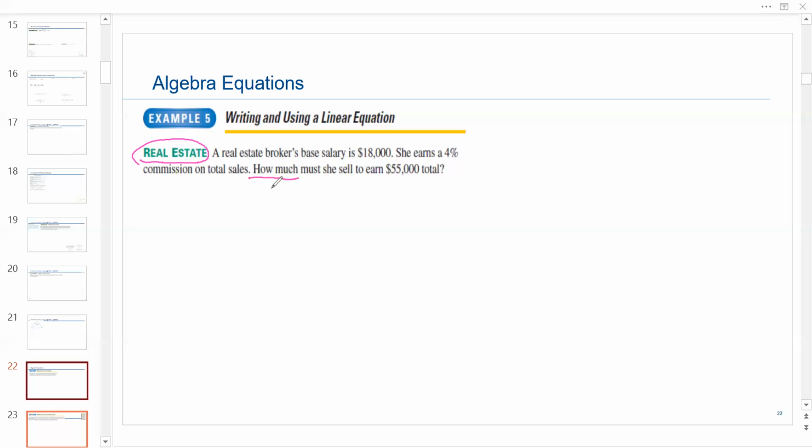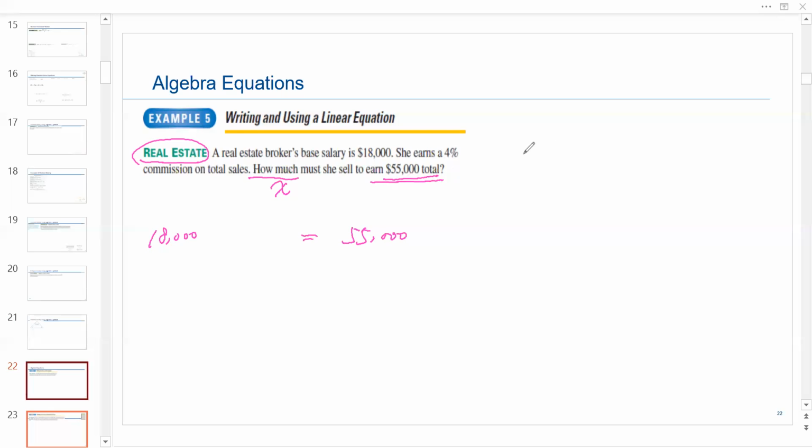So how much she must sell is the unknown part. The 55,000 is made of two parts.